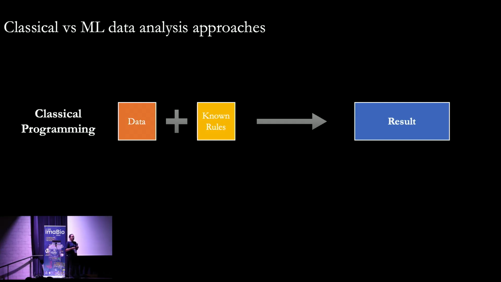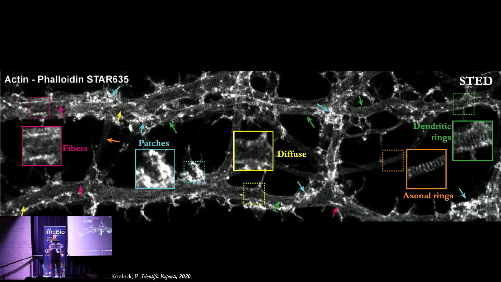And one issue that we had was the high variability between cells, weeks, neuronal cultures. So our approaches would work well for one week, and then the next week it would not. So we were not able to find a way to analyze those structures in a reliable way that was robust over time. And our images were too complex also to analyze them all manually.